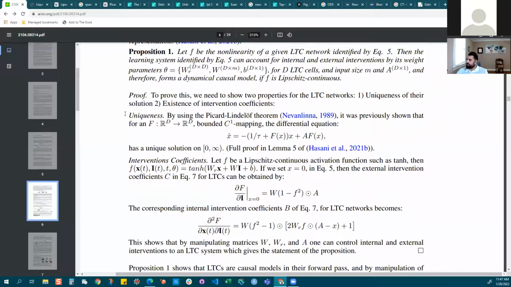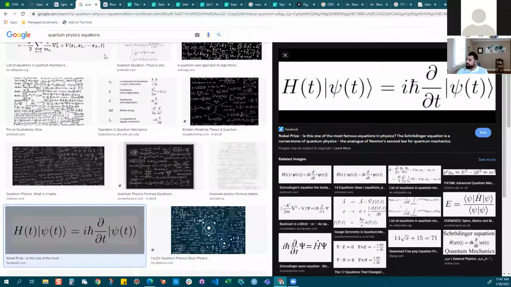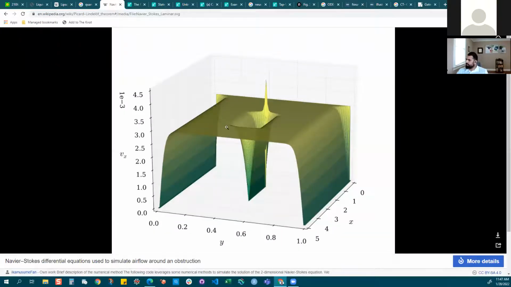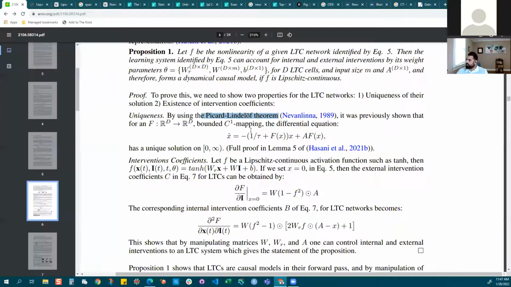For the uniqueness, they talk about this Picard-Lindelöf theorem that we showed over here, that there are assumptions for a differential equation under which we can say there should be only one unique answer.